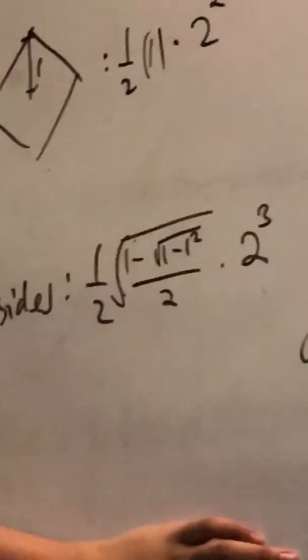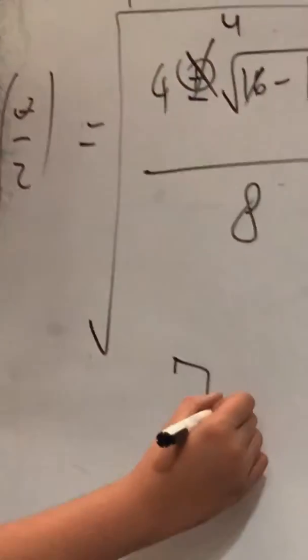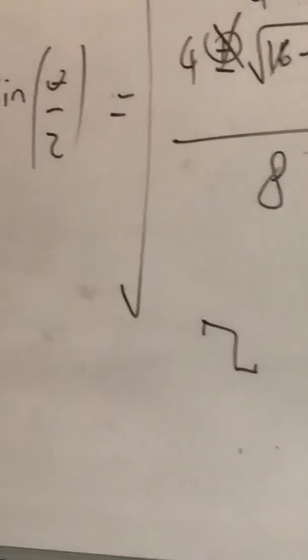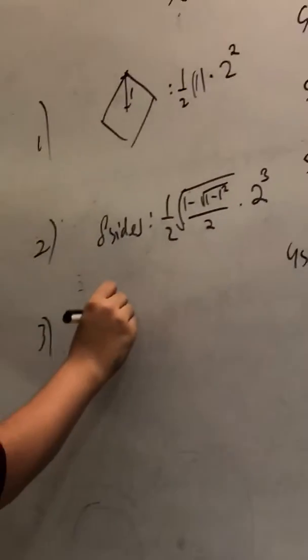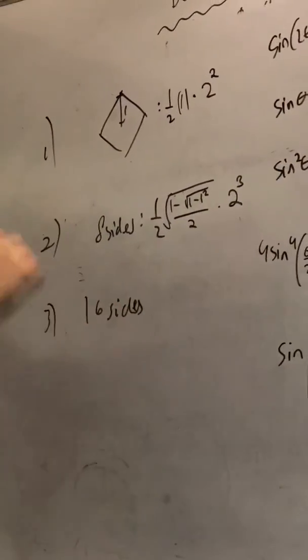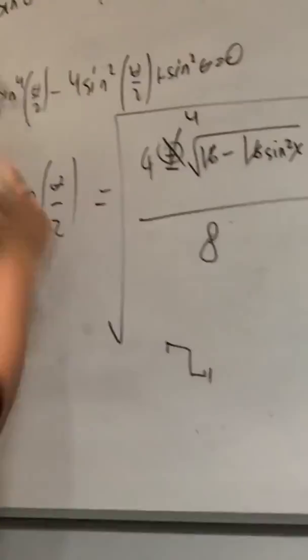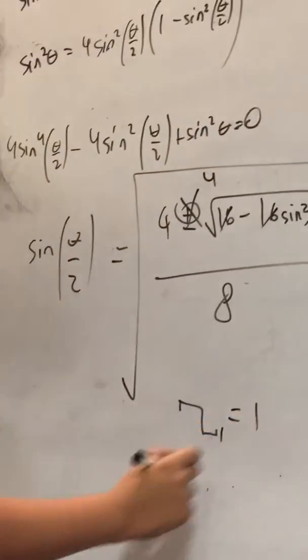So let's define a function. The sine of the angle for the nth iteration can be defined as Zn. This is the first iteration, this is the second iteration, the third iteration is 16 sides, and so on. So Z1, the sine for the first iteration, is just equal to 1.